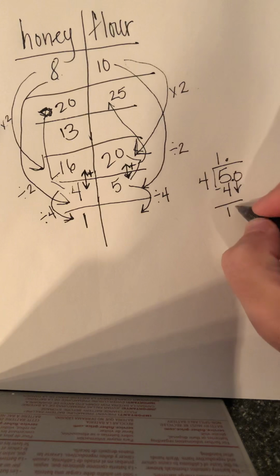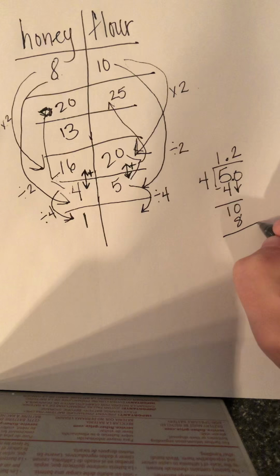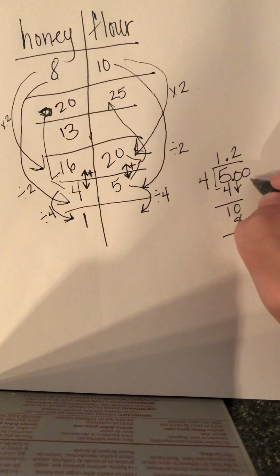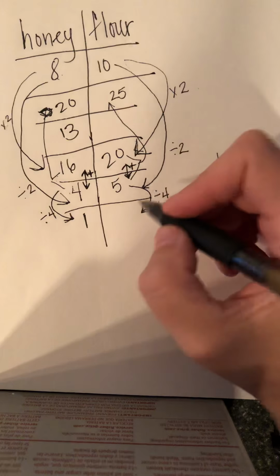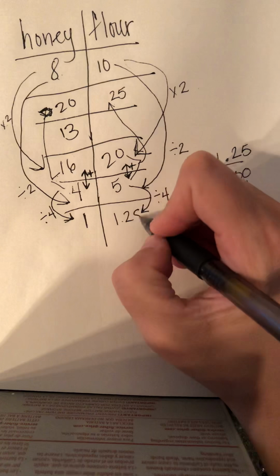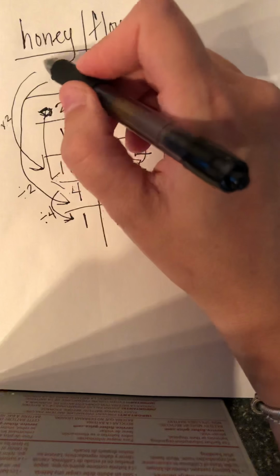Drop down my 0. 2. Drop down another 0. 5 times. 1.25. Just for fun, I'll do 8 and 10 because I know that it will be the same answer.